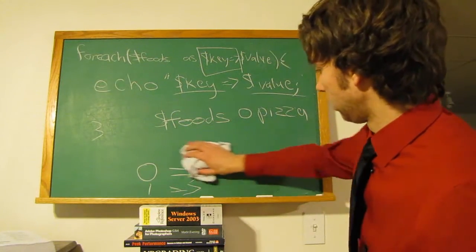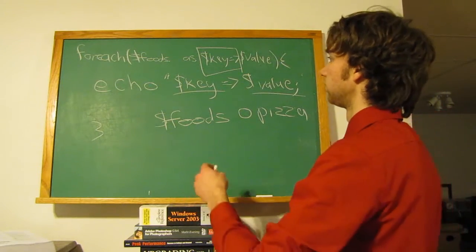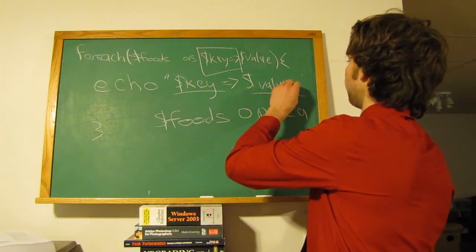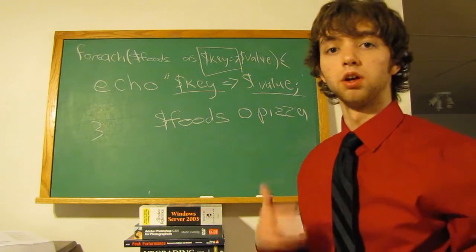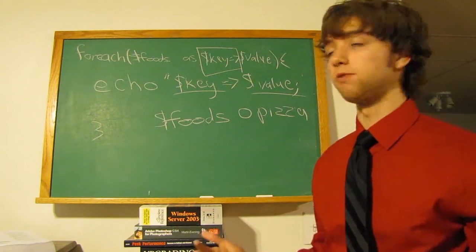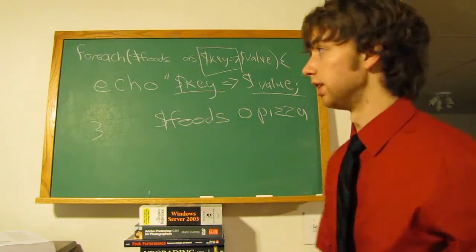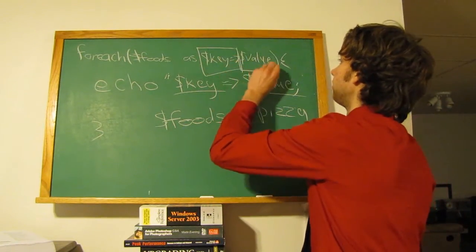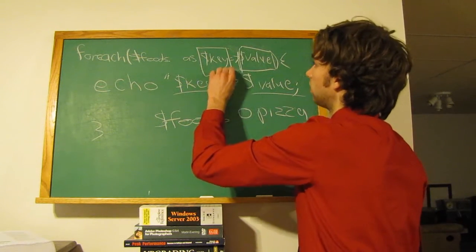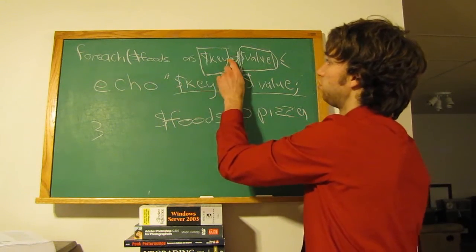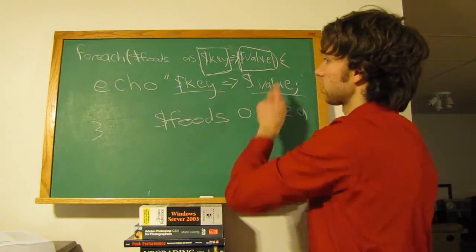And we don't always have to echo it like this. For example, we could say key is string value, and then add some extra words within the quotation marks, maybe a line break, and so forth. Now, there's one thing that you really need to understand about this. These variables here, the first one points with an equal sign and a greater than sign to the next one.